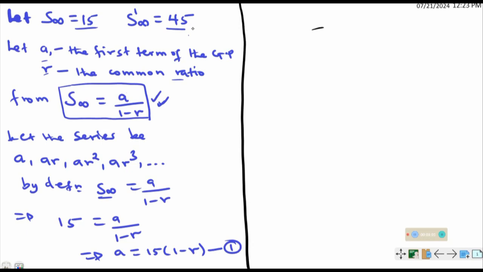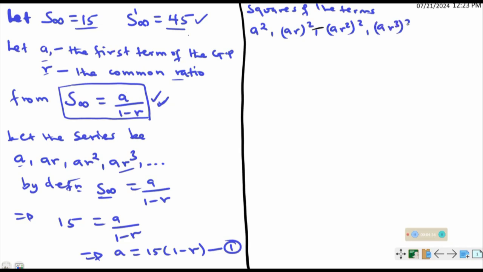We also have a relation which relates the terms and their squares. So let us get the squares of these terms here. We are squaring each of these terms. So it means we have a squared, we have ar squared, we have ar squared all squared, we also have ar to the power 3, which is also squared.